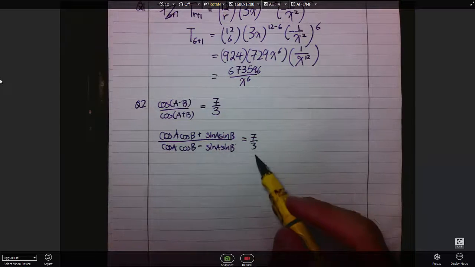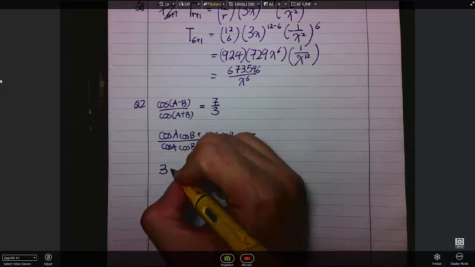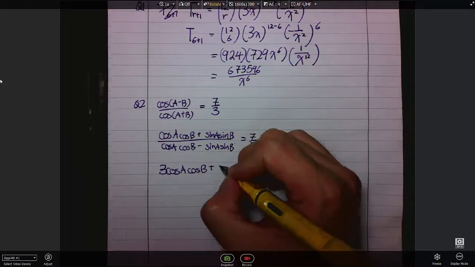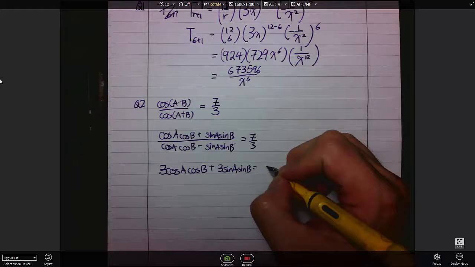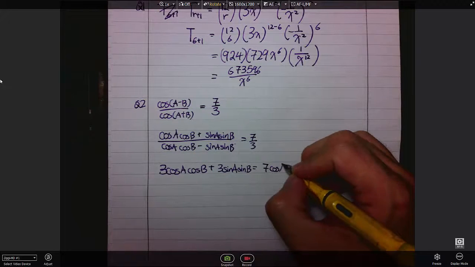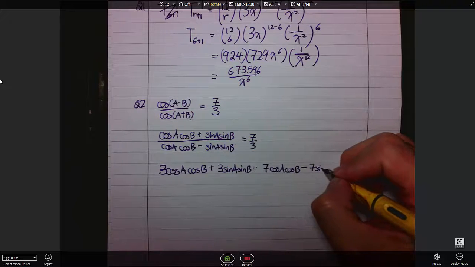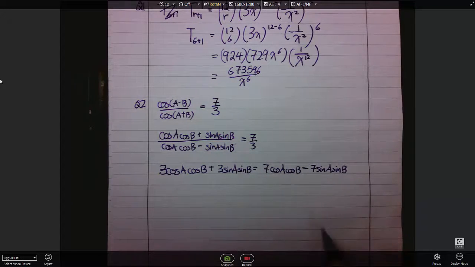Then we multiply both sides by 3 and cosine A cosine B minus sine A sine B. What I get is 3 cosine A cosine B plus 3 sine A sine B is equal to 7 cosine A cosine B minus 7 sine A sine B. Then you collect all the terms on one side.